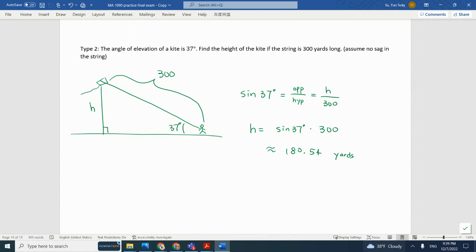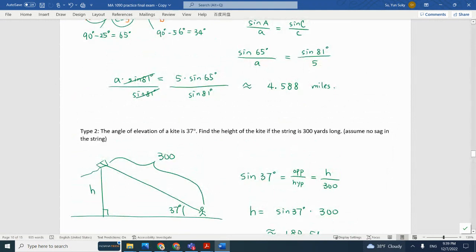Okay. If I forget to tell you how many decimal places I want, try to put as many as you can. Maybe 3 decimal places.